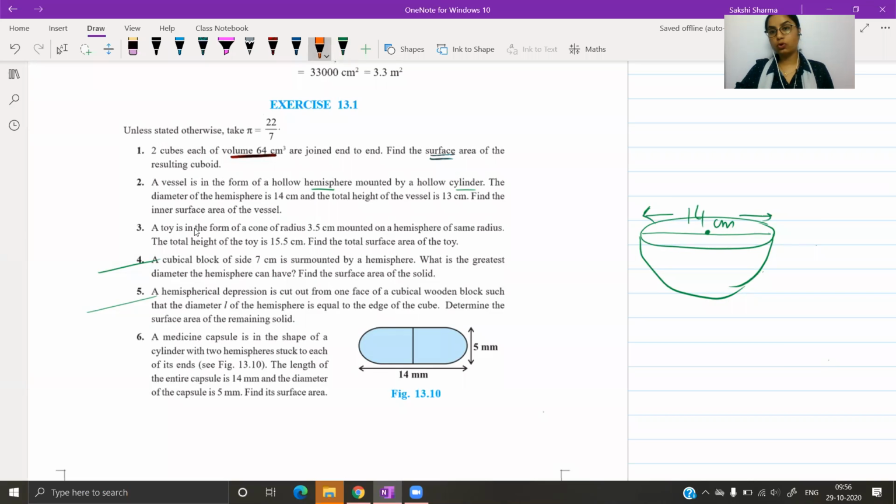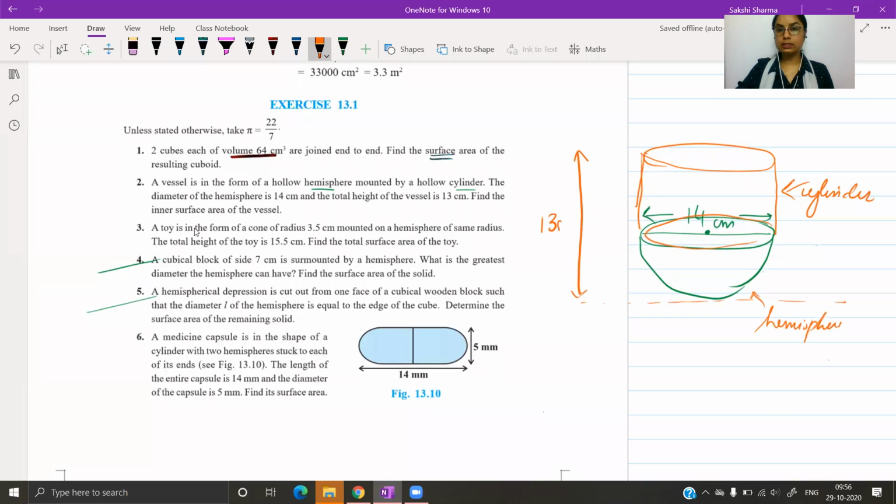Right on the top, there is a cylinder with the same base radius, placed over it this way. The total height of this vessel is 13 centimeters, so from the top to the bottom, the height is 13 centimeters.